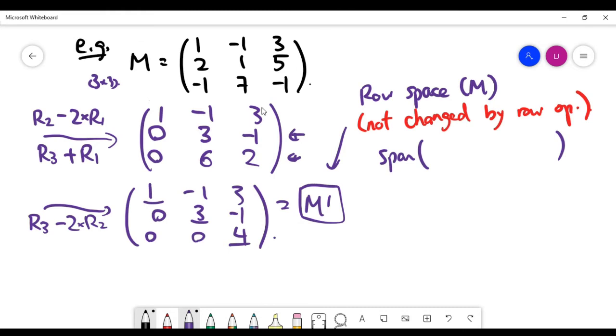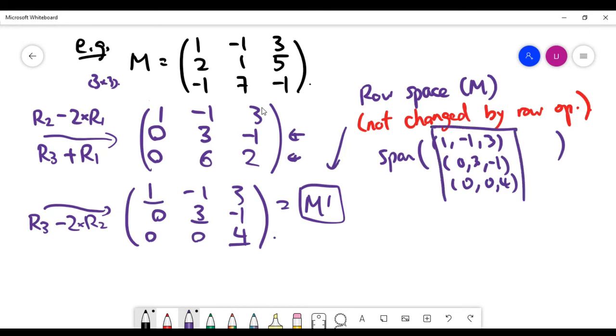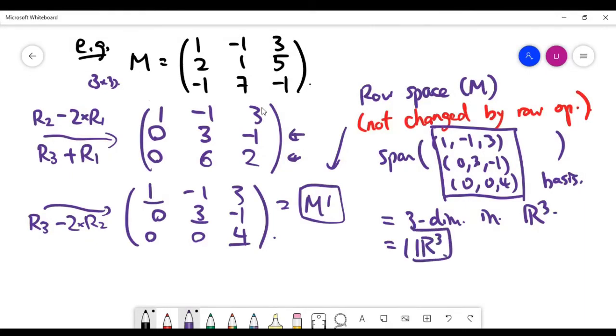So I think it's quite clear that we can simply use the first row, the second row, and the last row to be the basis of the span of the space. This forms the basis, because the basis now has three vectors. It means it's a three-dimensional space, and in R3, the span of these vectors is the whole space R3, right? And let's look at the column space now.